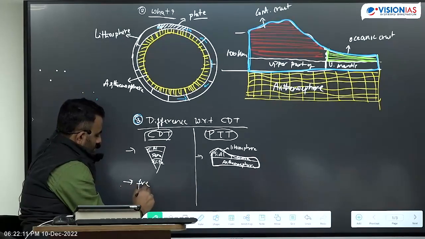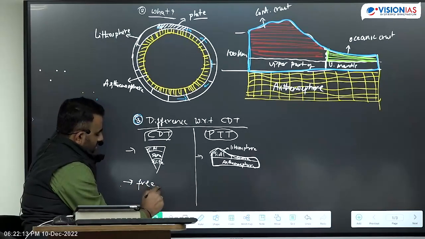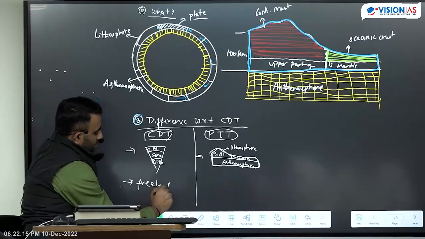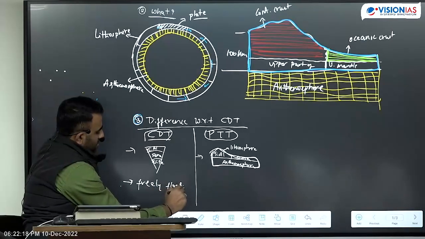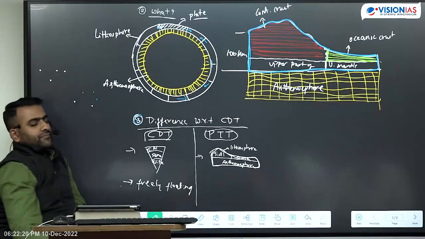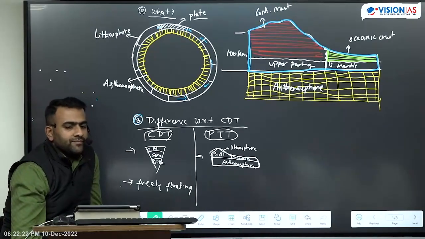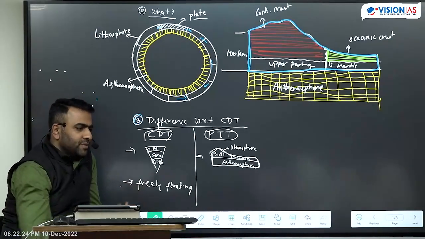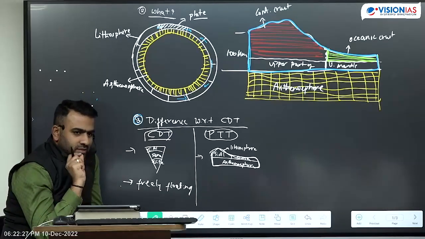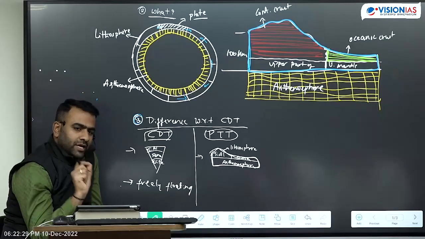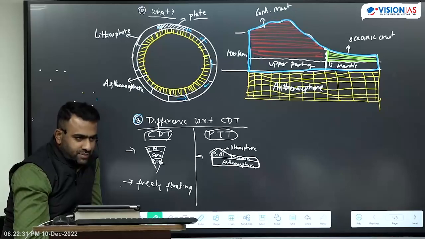Here, Sial is assumed to be freely floating over Sima. If you remember the assumption, it said that the continental mass is floating freely over the oceanic crust.